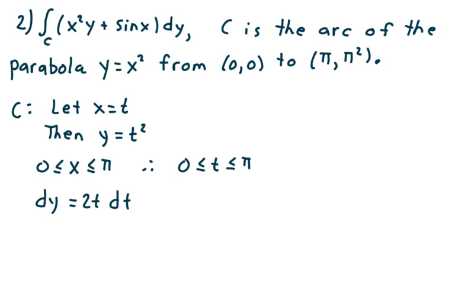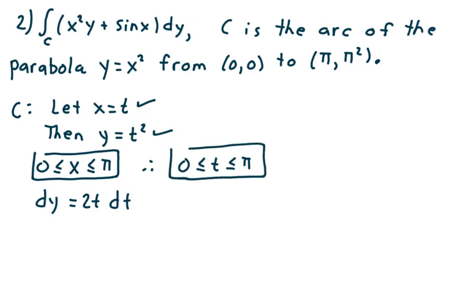I'm going to let x equal t. So then y equals t squared. Remember that x is greater than or equal to 0 and less than or equal to pi. But because x is equal to t, that tells me that t is greater than or equal to 0 and less than or equal to pi.